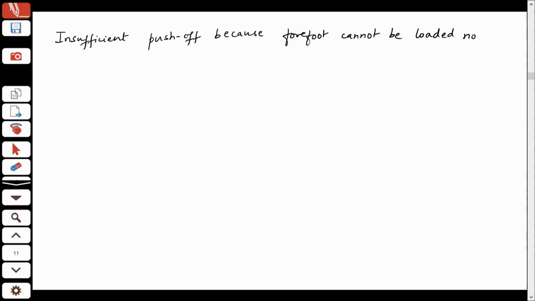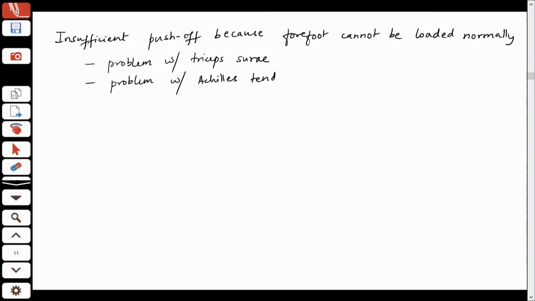It could be because of problems with the triceps, a problem in the tendon, the Achilles tendon. You could have pain in the forefoot, etc.